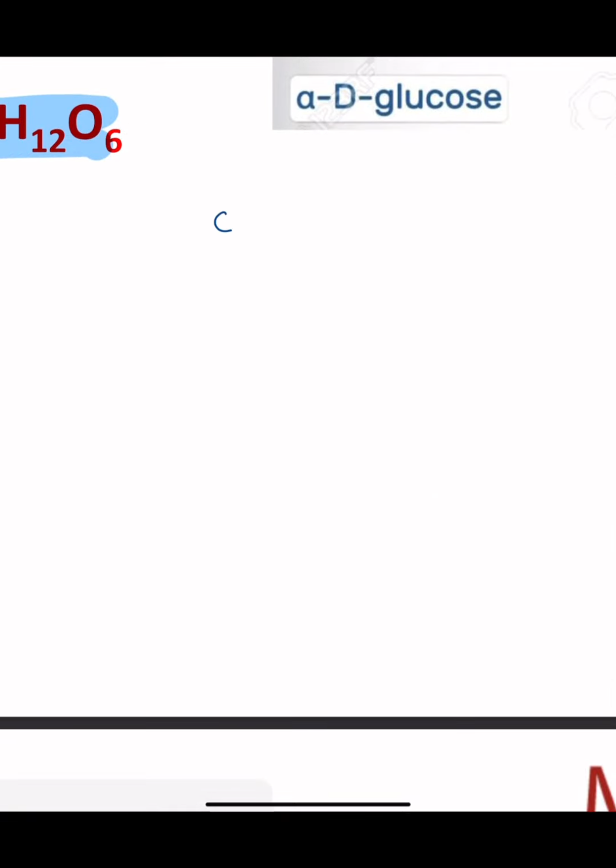So first, we got 6 carbons, right? We're going to write the open chain form of glucose. Open chain, we got carbon 4, and then 5 and 6. So the first carbon, we're going to have an aldehyde. The last carbon, we will have a primary alcohol.